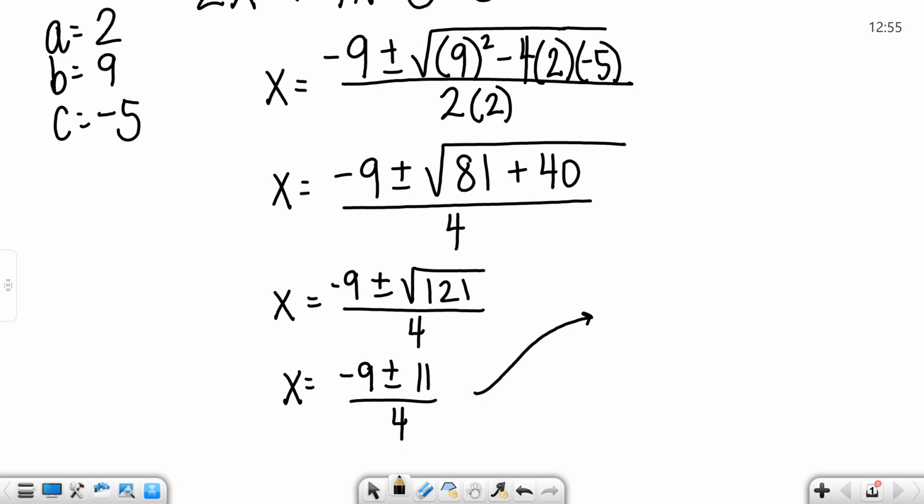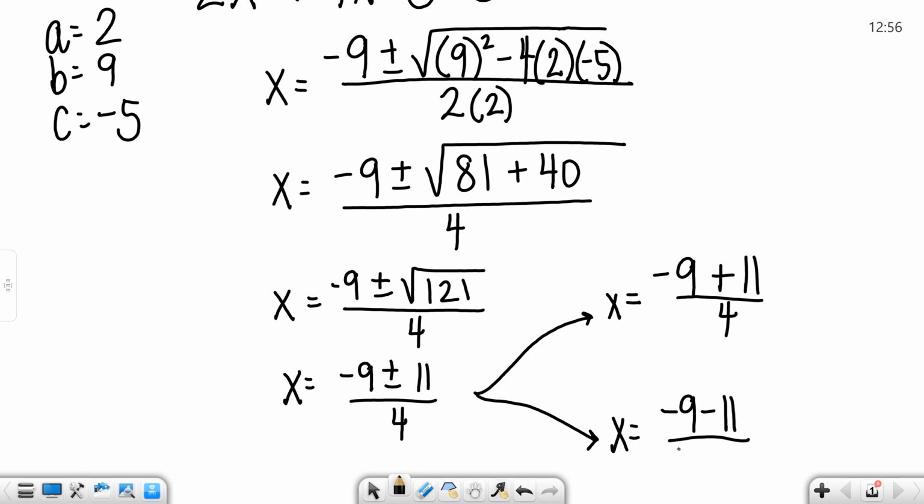All right, so once I'm at this place, now I'm going to use that plus or minus. So it says x is equal to -9 plus 11 divided by 4. That's going to be one of my answers. My other answer is going to be -9 minus 11 divided by 4. That's what that plus or minus means. Two different answers.